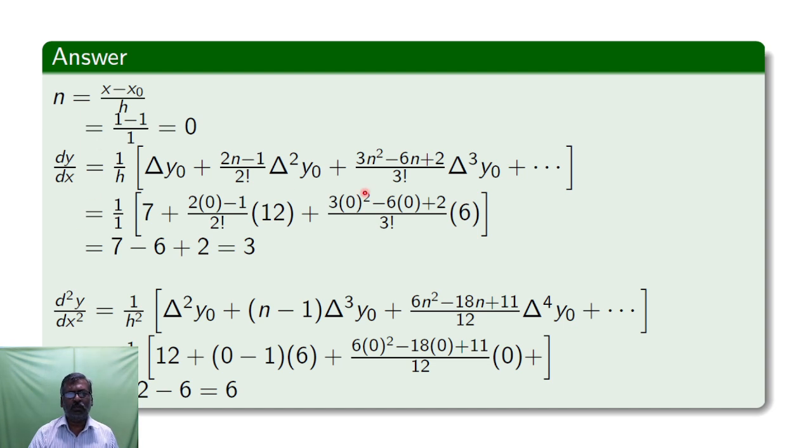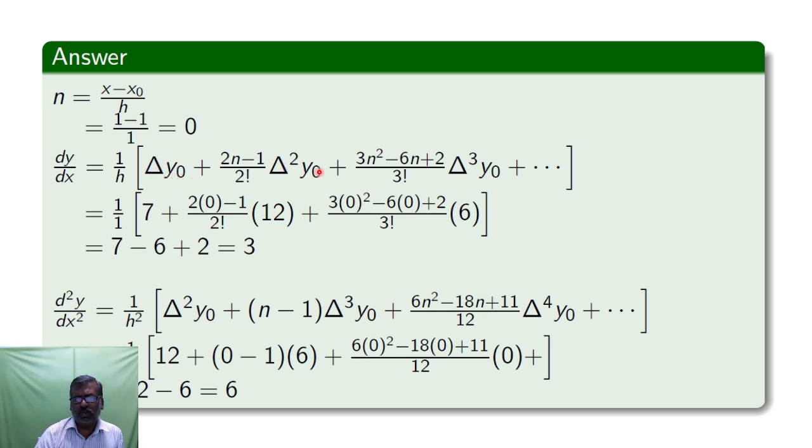Then write the formula. After writing the formula, we are going to substitute the values. Delta y naught means the first value; from delta y you can get the first value.